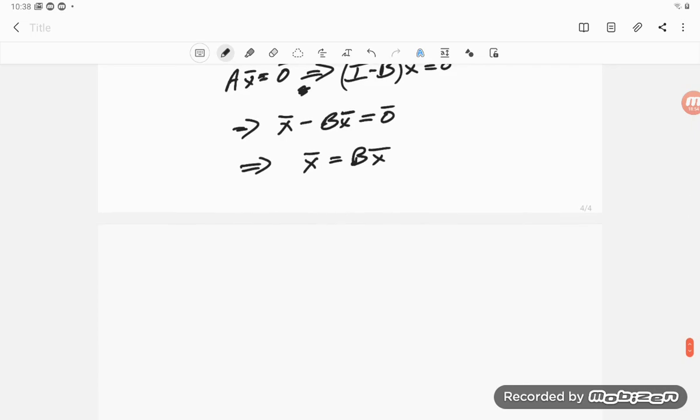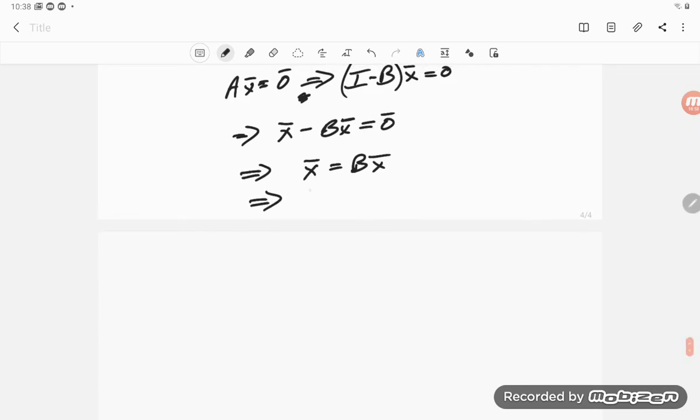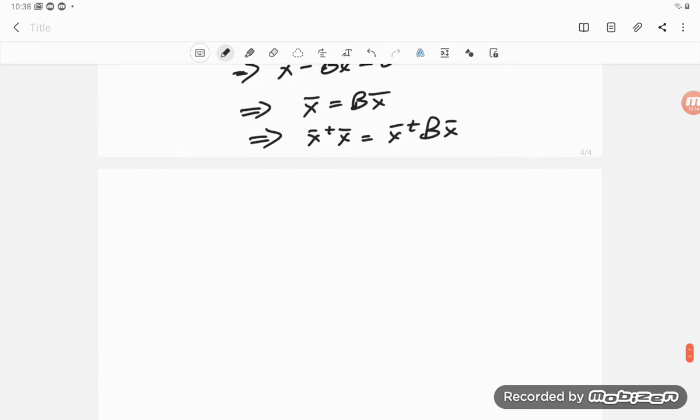Now they multiply through by the transpose. So X transpose X is equal to X transpose B times X. Now what they do is they switch sides and take transposes.